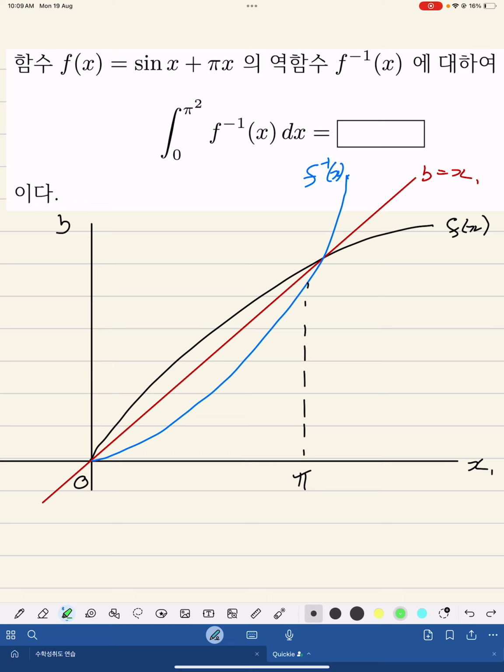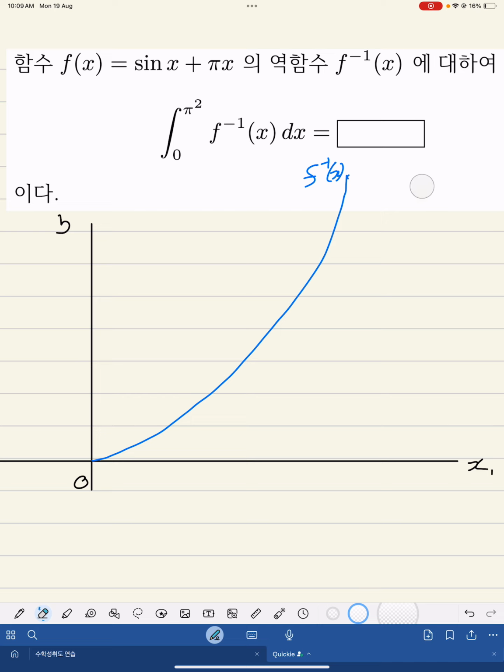So here's my approach. This is f inverse of x. We want to find the area from 0 to pi squared. So we want to find this area under the curve.